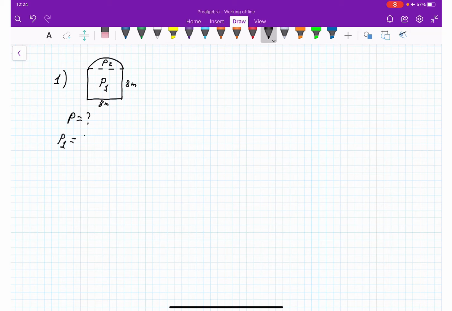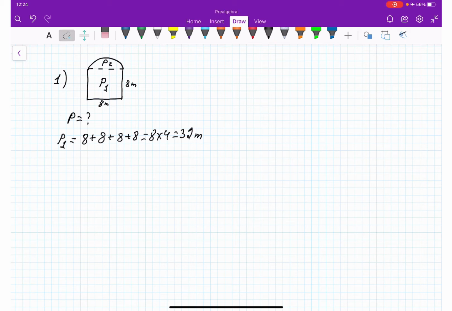So it's going to be 8 plus 8 plus 8 plus 8. Just to remind you real quick, perimeter is the length of all sides of a geometrical figure. Or we can say if all sides are equal, I am going to write down 8 times 4, 32 meters. Okay.